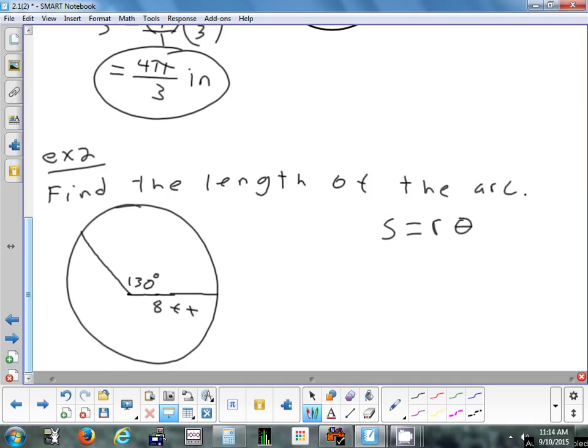Okay, and before I even start doing it, what do we want to be careful about here? Yeah, what do we got to do with these degrees? Convert it. Yeah. If you plug it in the way it is, and you just say, okay, radius is 8, angle's 130, I'm going to do 8 times 130, it's going to be wrong. All right, so we'll convert it. Okay, and Charlie, to convert it, what do I multiply by?